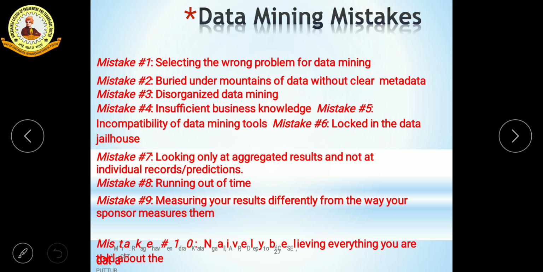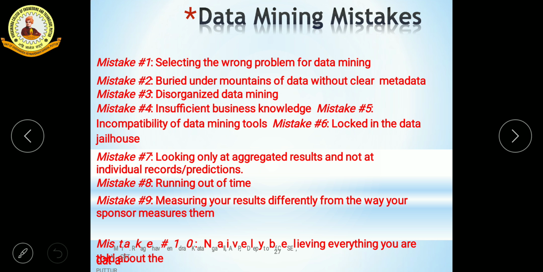This comes from losing a sense of business objectives. When you lose your business objectives and begin to mine the data for its own sake, then you will get into this mistake. And the last one, mistake number 10, naively believing everything you are told about the data. So don't naively believe everything you are told about your own data mining analysis. So these are some of the data mining mistakes that you might make, right?